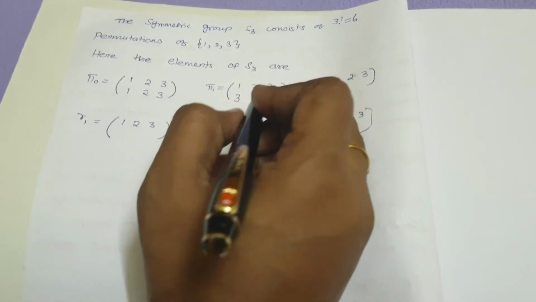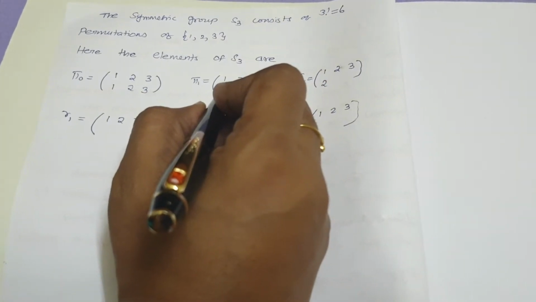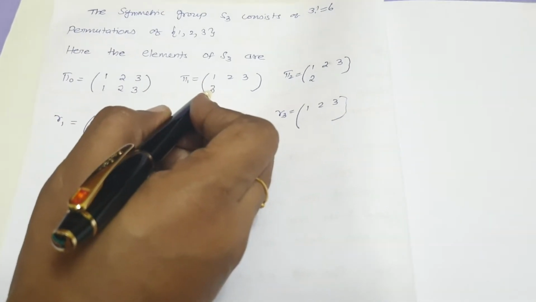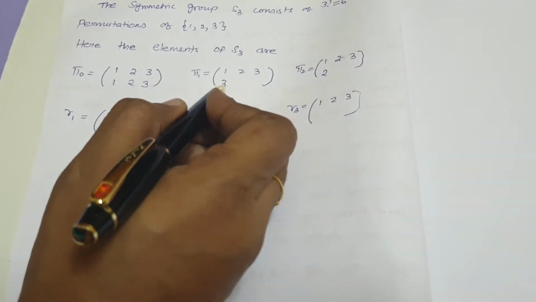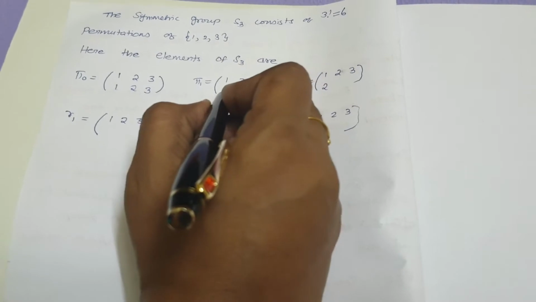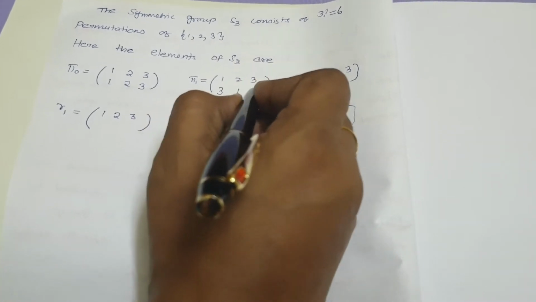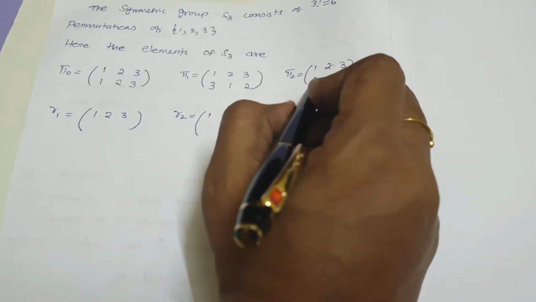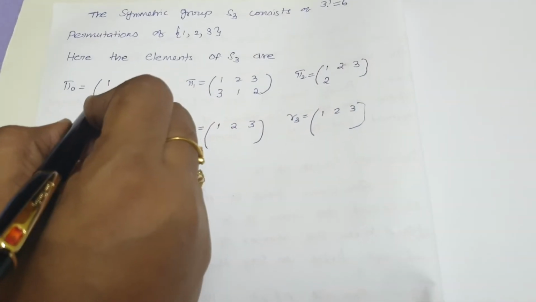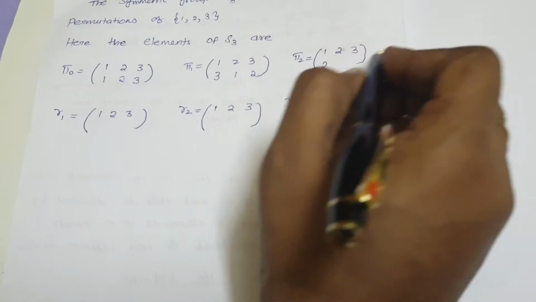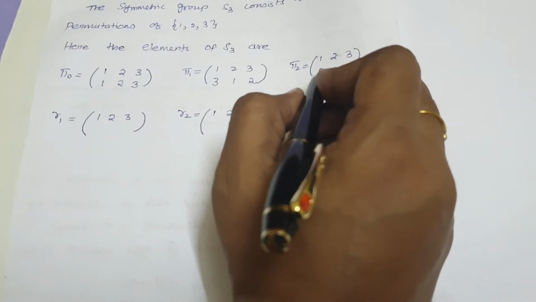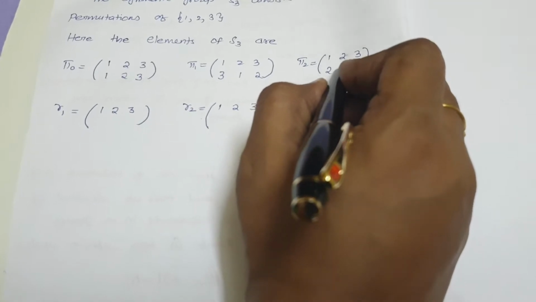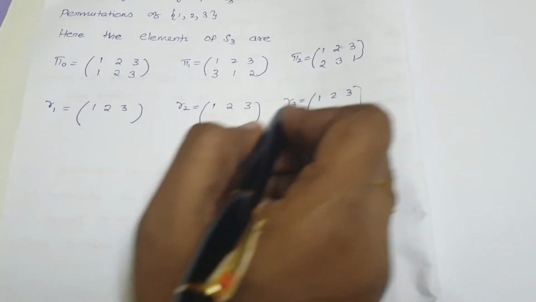In pi 1, if you fix 3 as the first element, then the next number is 1 and the third number is 2. Next in pi 2, 1 and 3 are already fixed as the first element in the second row, so if you fix 2 as the first element, then the next ones are 3, 1.